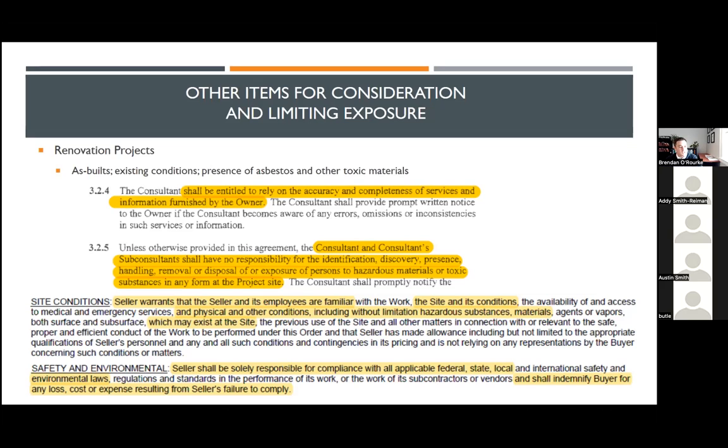It goes on to say that the design professional shall indemnify the buyer for any loss, cost, or expense resulting from the seller's failure to comply. Again, that is something to me that is to be entirely avoided, especially on a renovation project.